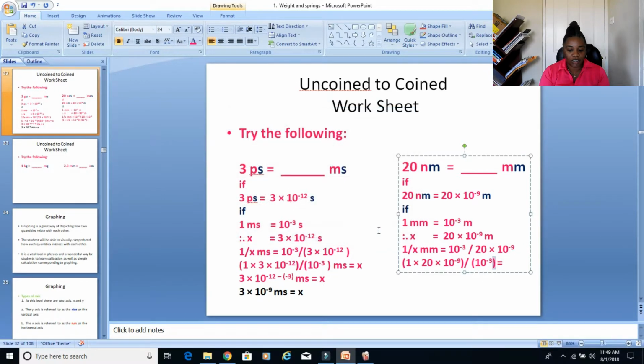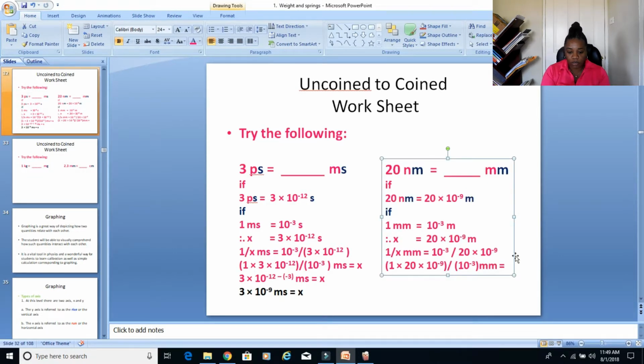Okay, so great. And so we put our units, because our units would be millimeters, equal to, and, equal to x.